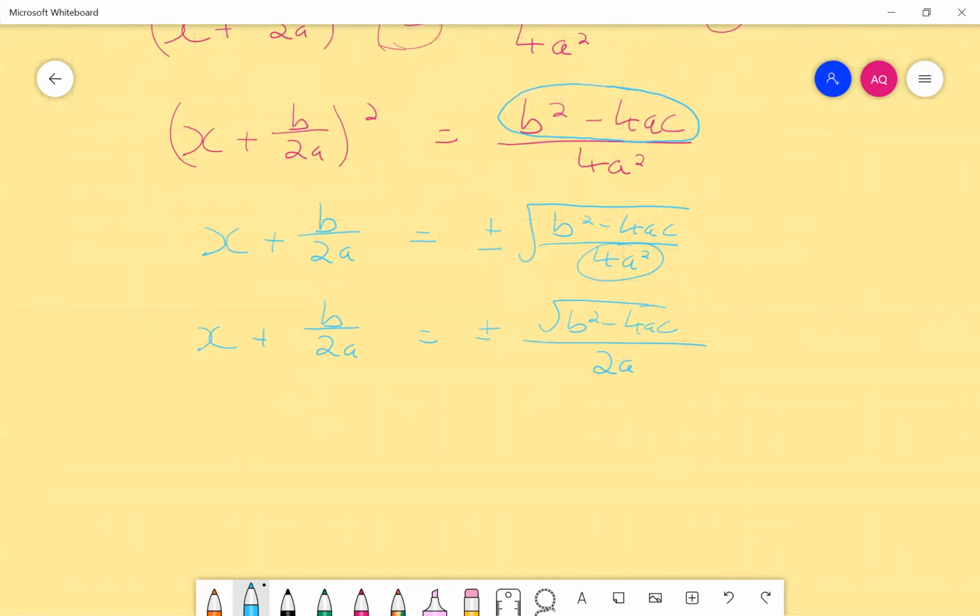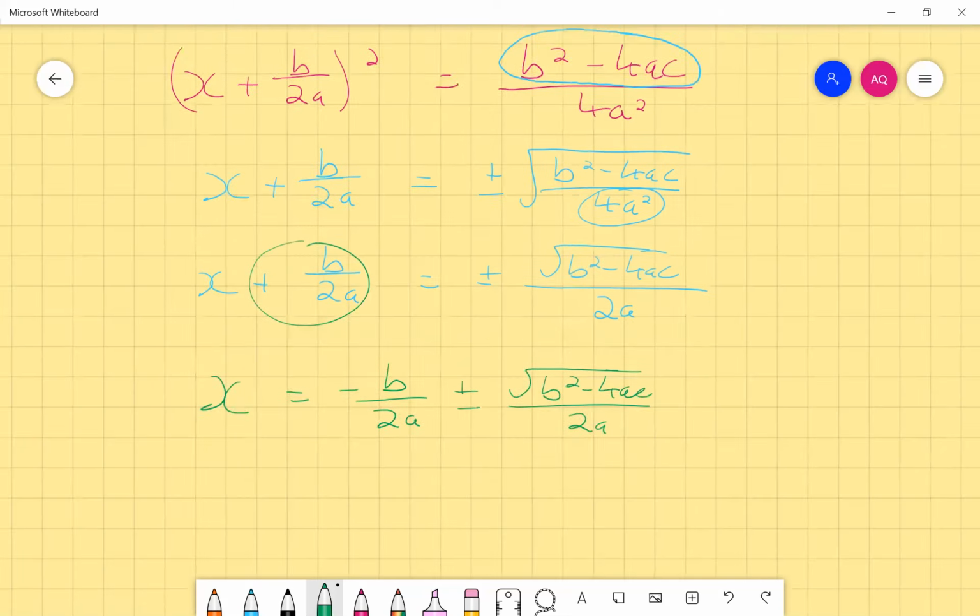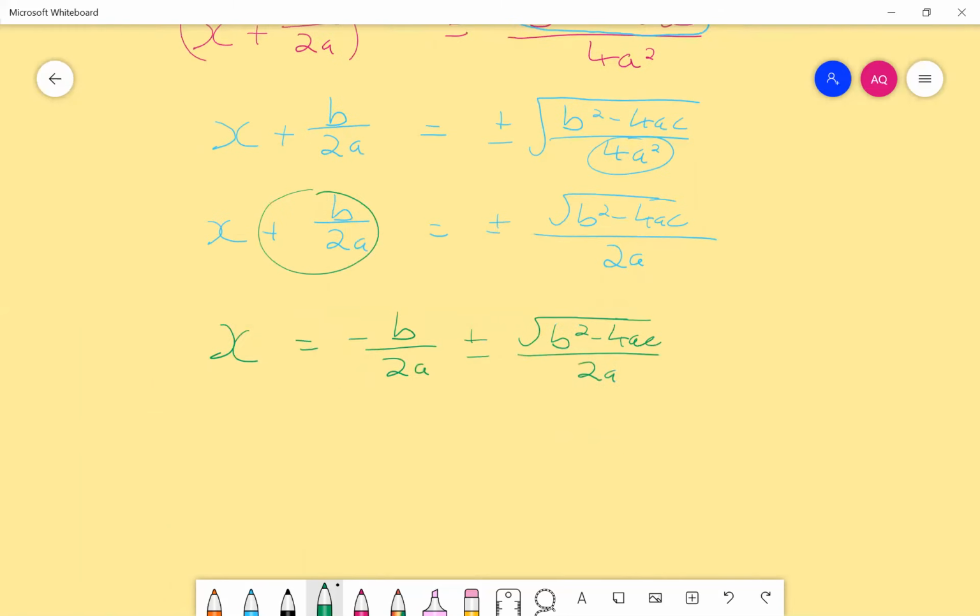Now we did want to get x on its own. So to get x on its own, you would take the plus b over 2a and bring it across, to become minus b over 2a. And then you have plus or minus the square root of b squared minus 4ac all over 2a. We now have a common denominator of 2a.